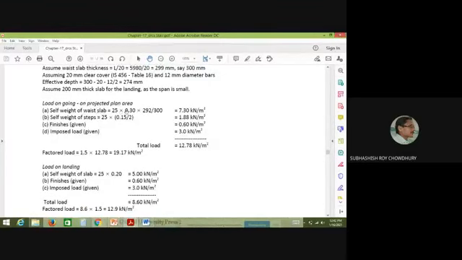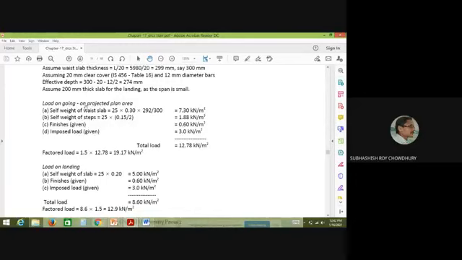Now, what is the load over the going part, on the projected plan area of the waist slab? So the self-weight of the waist slab you must calculate just like the floor slab design. The thickness is 0.3 and 25 is the unit weight of concrete, you know. But this is actually the ratio by which you should multiply, because the waist slab that you are considering is inclined.